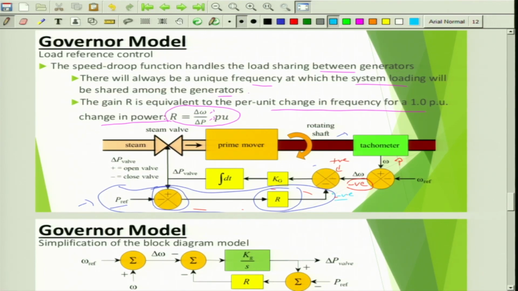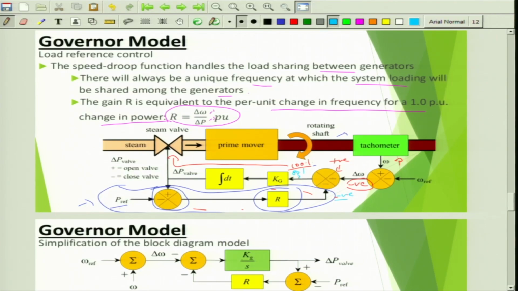So positive and negative, that means earlier, let us say, in the first case without this droop characteristic included, it was 100%. 100% in the sense 100% reflection on one single generator. Now because of the droop, this will reduce the sharing on the individual generator.